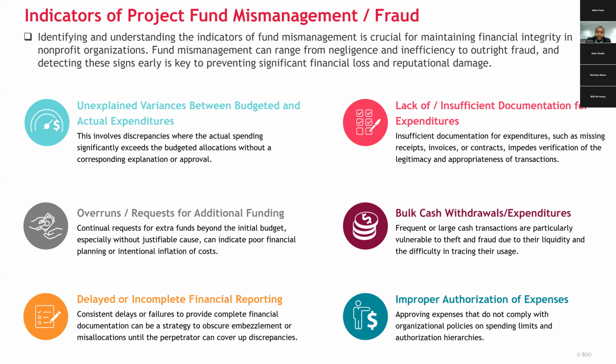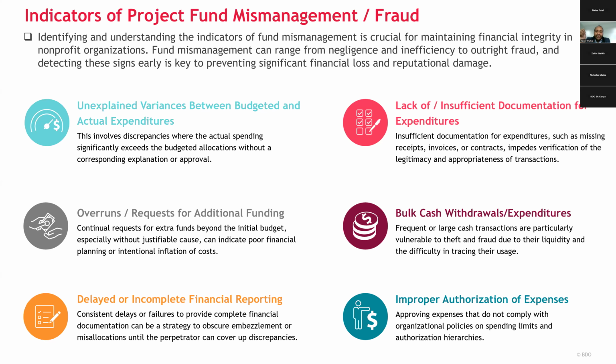The first one is unexplained variances between your budgeted and actual expenditures. Here is where you find discrepancies where the actual spending significantly exceeds your budget allocations, usually without a corresponding explanation or approval.